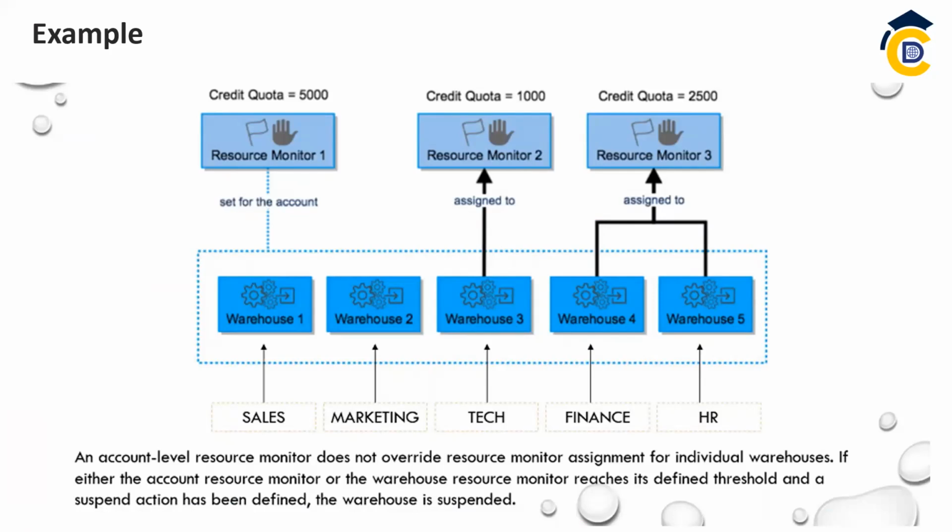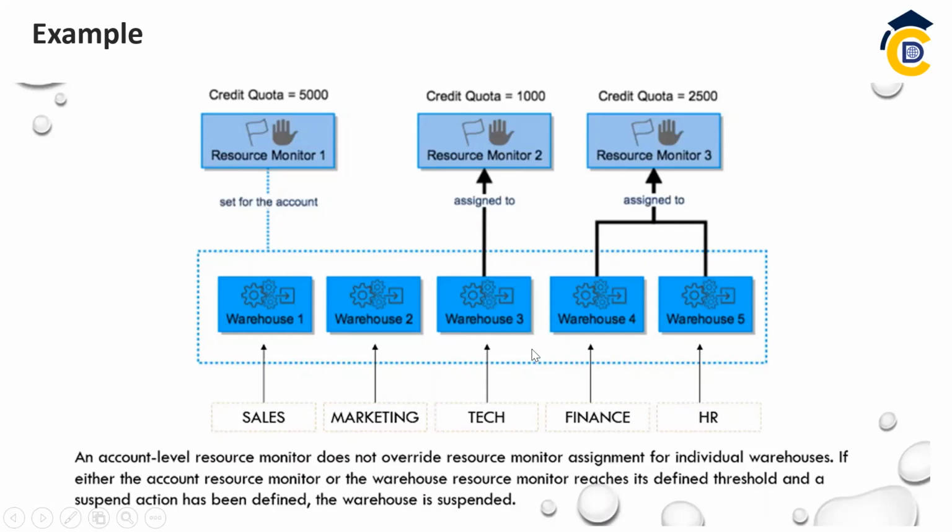Abdul, if you have the monitor active, right? So if you try to restart, will it throw an error, or we cannot restart this warehouse at all? There is an active resource monitor on a warehouse which is beyond the threshold.